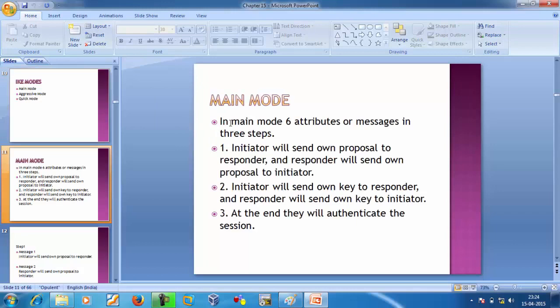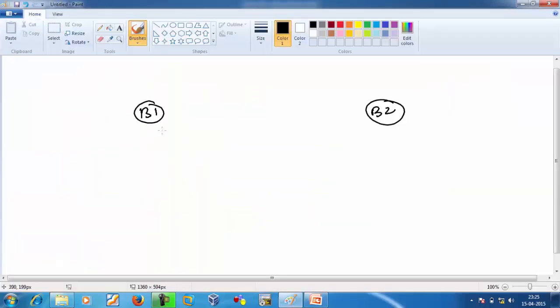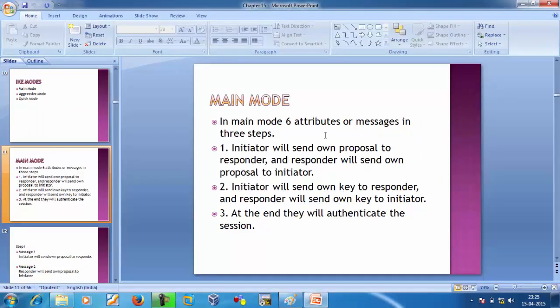In main mode, 6 messages are divided into 3 steps. First, the initiator will send a proposal to the responder and the responder will send its own proposal to the initiator. In the second step, the initiator will send a public key to the responder and the responder will send a public key to the initiator, and at the end they will authenticate the session. Roughly, the 6 messages are divided into 3 steps.